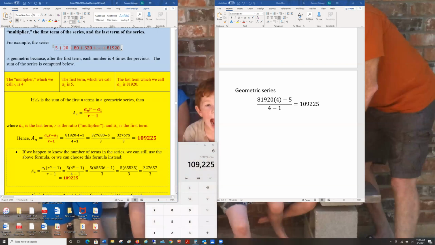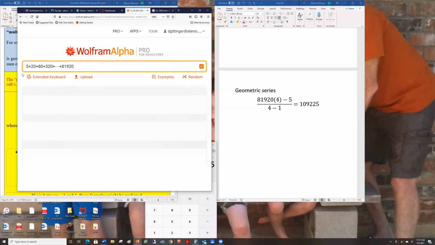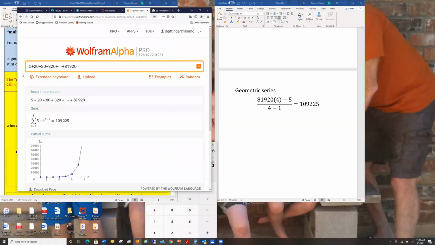Let's see if Wolfram Alpha can figure it out without having sigma notation. It could on some of the arithmetic, but I don't know if it's going to work here. Look at it, 109,225. Yay.